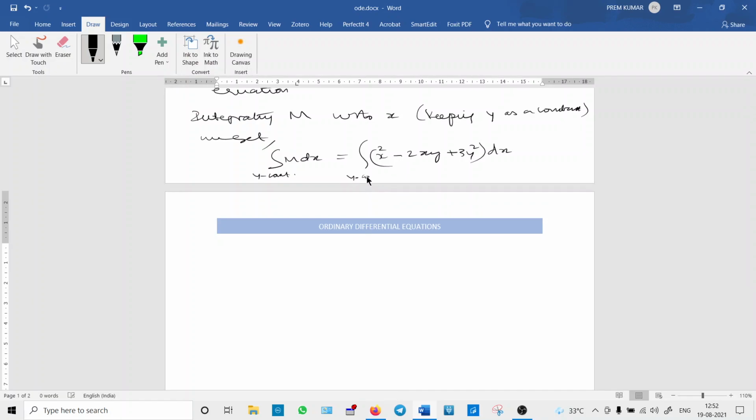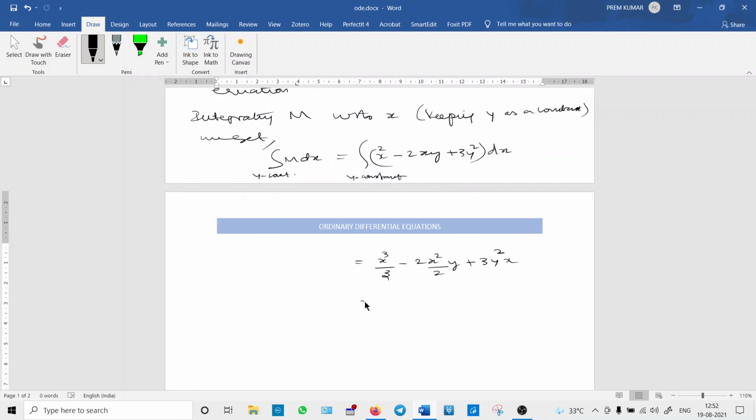This is x cubed by 3, because we are integrating with respect to x and we think of y as a constant. Minus 2 x square by 2 y plus 3 y square into x.